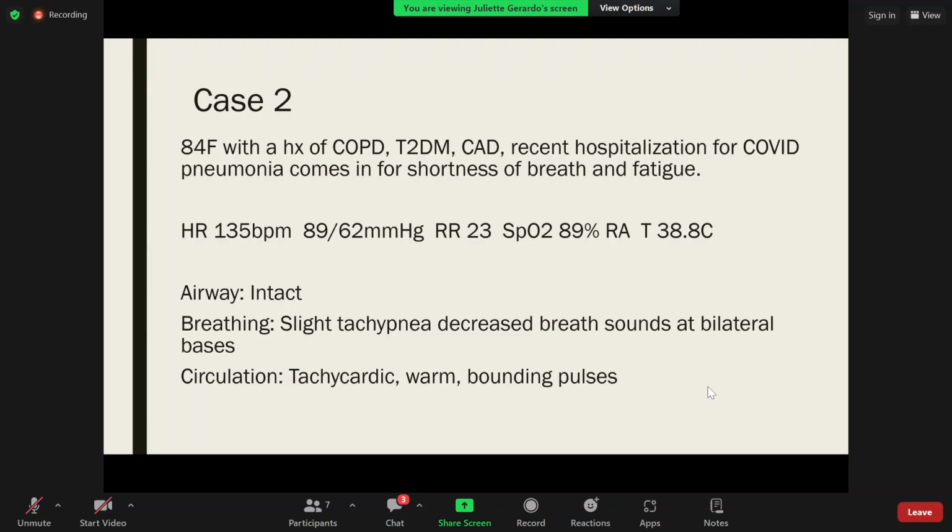She is breathing 23 times a minute, satting 89% on room air, and she is febrile. Her airway is intact. She is tachypneic when she speaks to you, and she has decreased breath sounds at bilateral bases. She's tachycardic, and this is an irregular rhythm for her. She has warm extremities and bounding pulses.